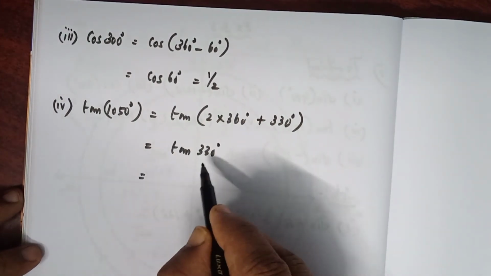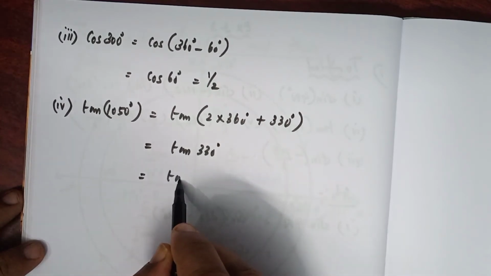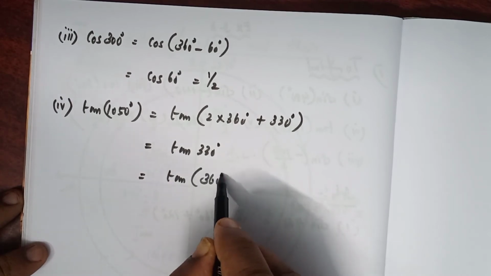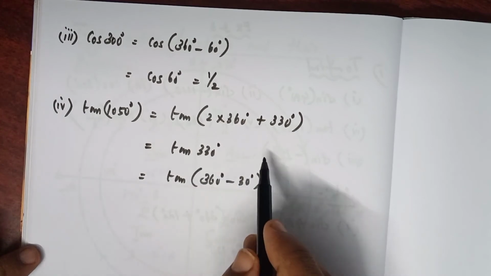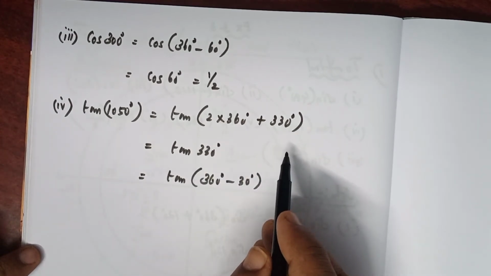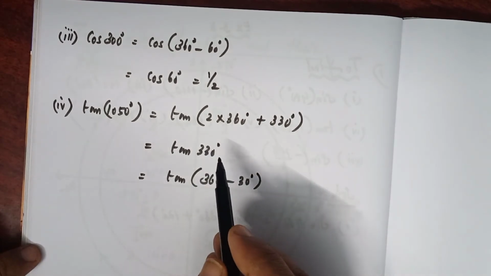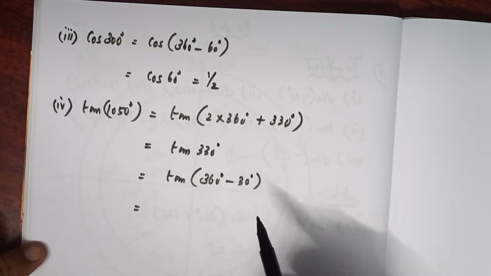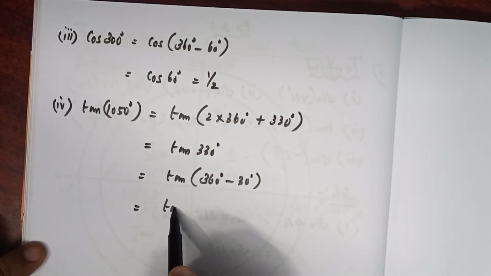After that, we don't know the value of tan 330 degrees, so how to find it? Tan 330 can be separated as 360 minus 30 degrees, or 270 plus 60 degrees. 270 plus 60 is 330, and 360 minus 30 is also 330. I consider this one. For 360, tan becomes tan, no change at all.